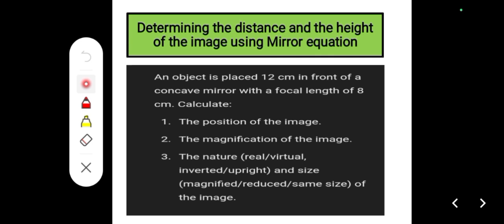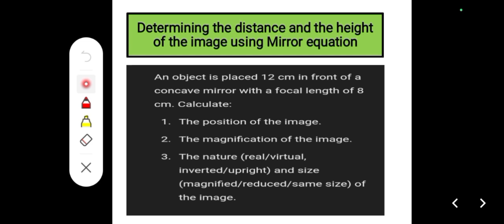An object is placed 12 centimeters in front of a concave mirror with a focal length of 8 centimeters. From a mirror, you have your focal length, half the radius of the sphere. So just a little beyond your focal length is where the object is placed, 12 centimeters away from the mirror.